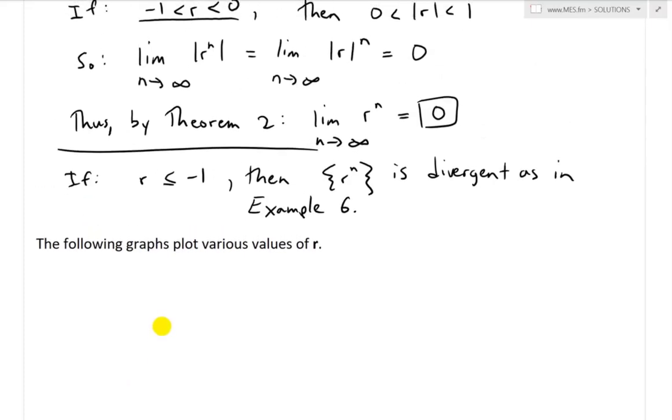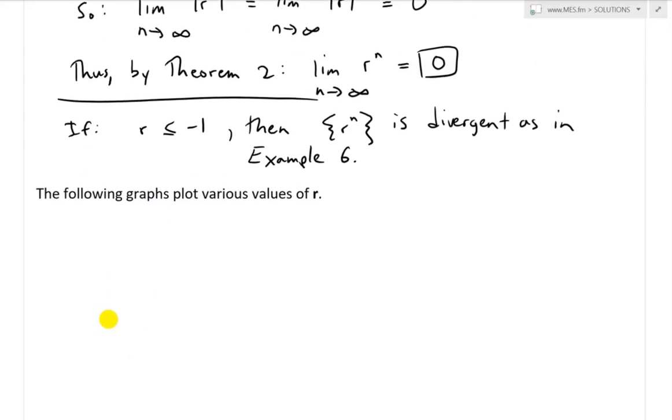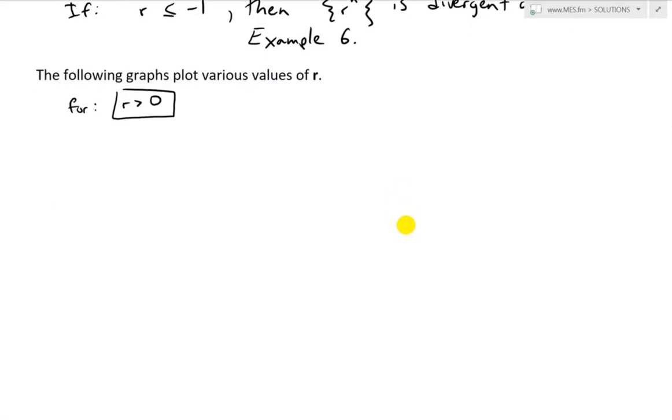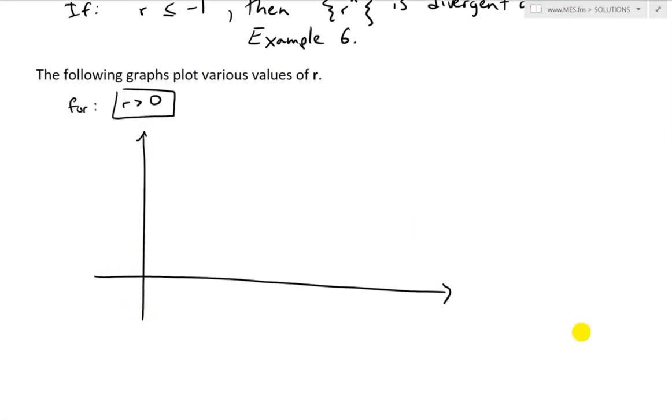And now to illustrate all of these points, I'll graph these out. The following graphs plot various values of r. Let's look at where r is greater than 0, so it's positive. Let's graph this out, with n on the horizontal axis and a_n on the vertical axis. The first one is r equals 1.